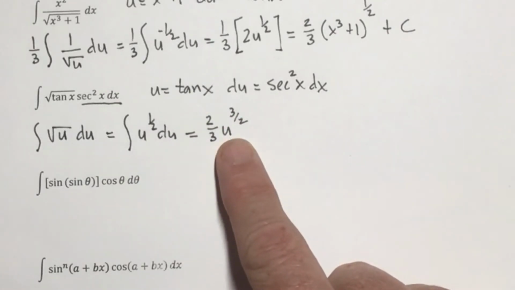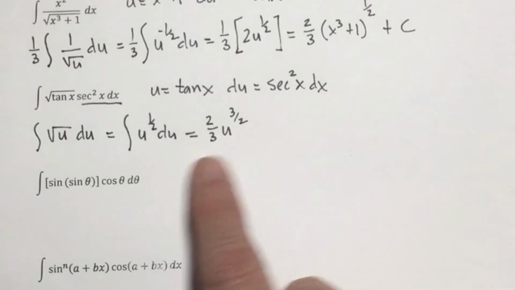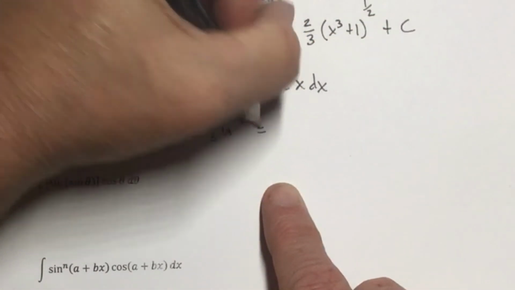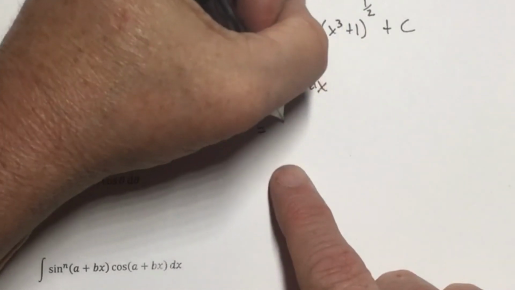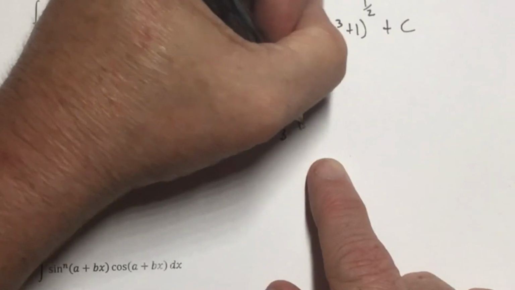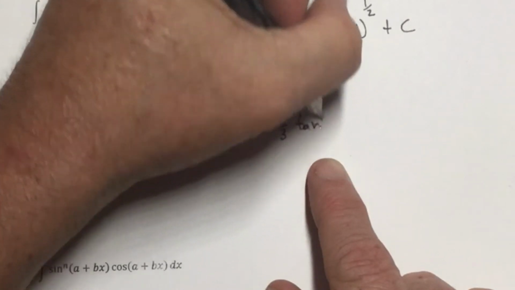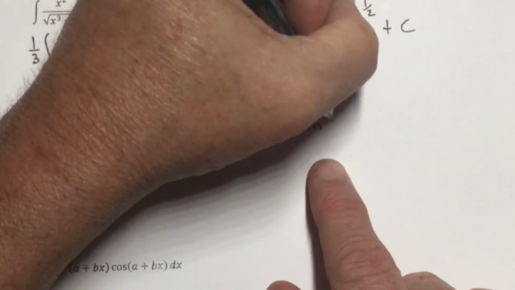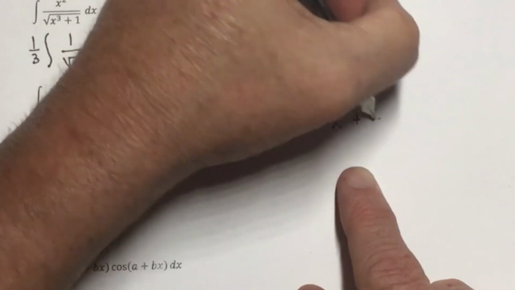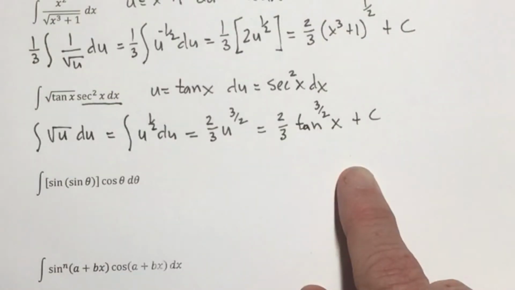U to the 3/2 minus 1, that's 3/2 minus 2/2, which is 1/2. Alrighty, so let me substitute my u back in, so this becomes 2/3 tangent to the 3/2 x, and then finally plus c. Well, there you go.